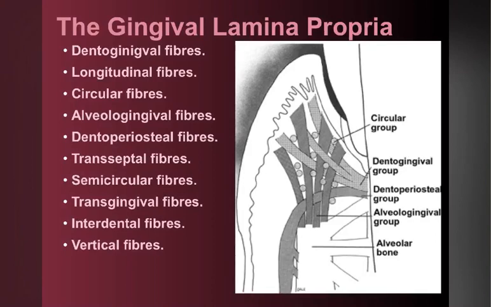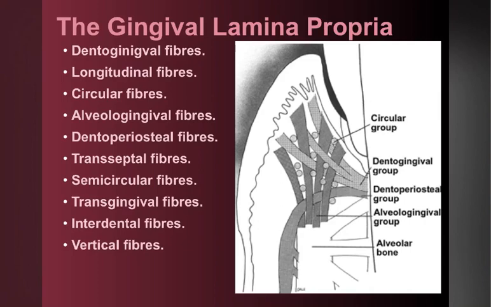There are many types: dentogingival fibers, longitudinal fibers, circular fibers, alveolo-gingival fibers, dentoperiosteal fibers, transseptal fibers, semicircular fibers, transgingival fibers, interdental fibers, and vertical fibers. This figure here shows some of them.